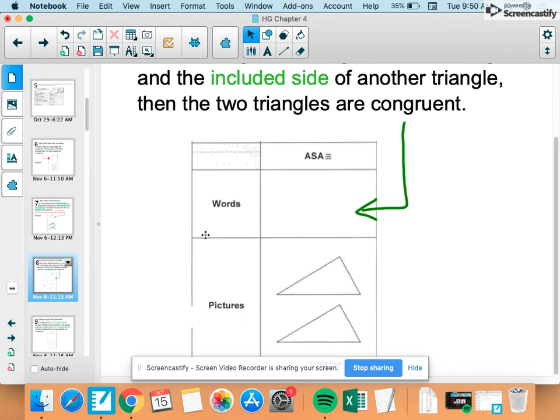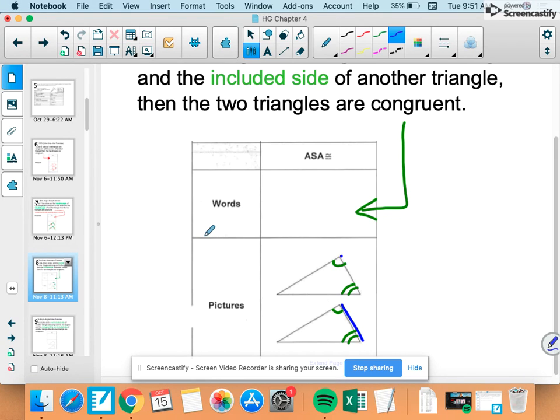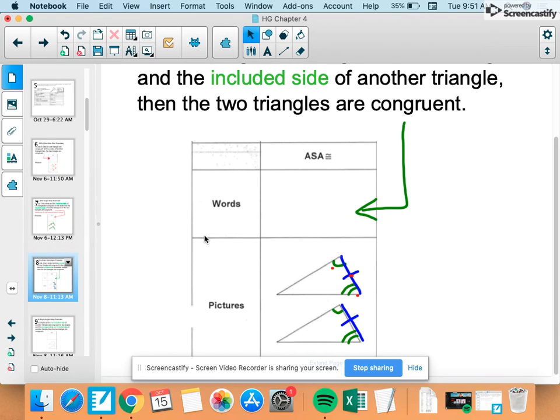If you're looking at a picture, if we had this angle and that angle, the side that those are both on would be the included side, so that would have to be congruent. So again, it would be angle, side, angle. If that's the case, then those triangles could also be congruent.